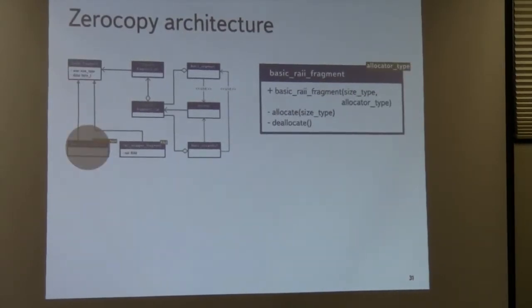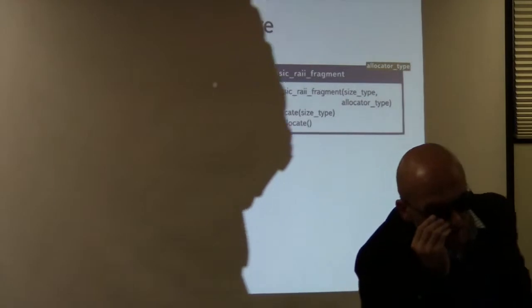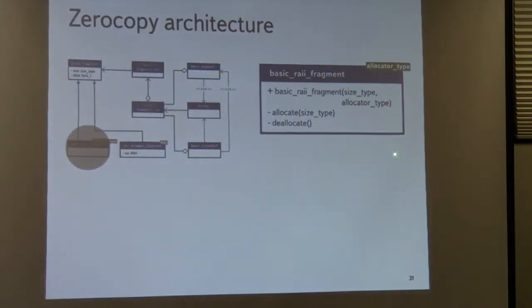Here is a derived class from the basic fragment. It is called basic RAII fragment, and this entity owns the memory. It combines the fragment and the allocator, so it can allocate and deallocate memory.